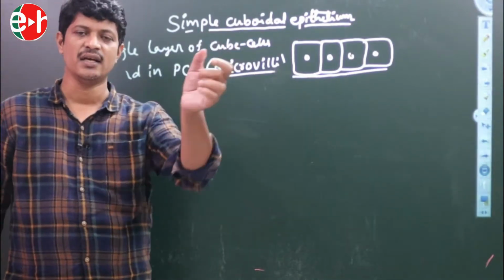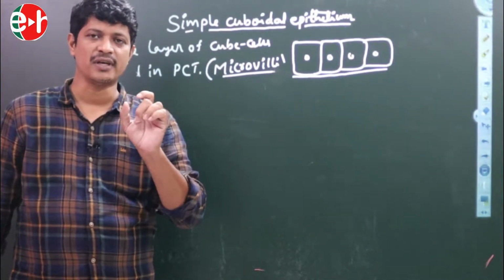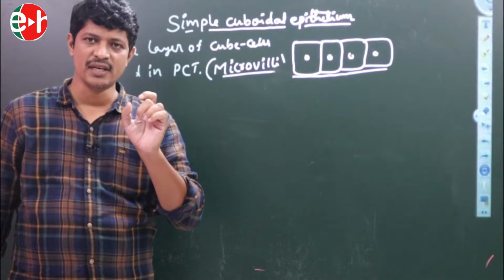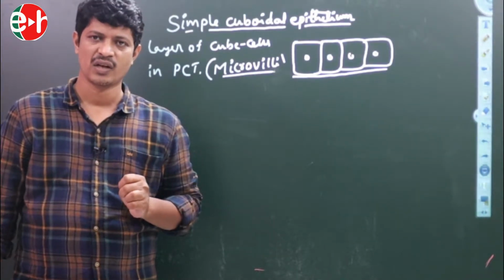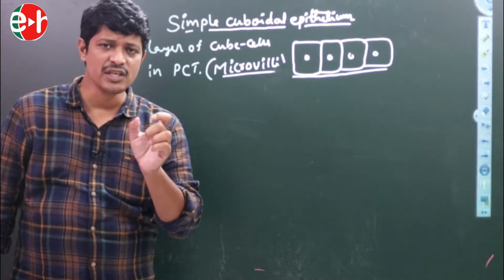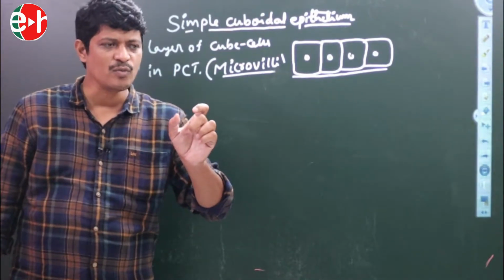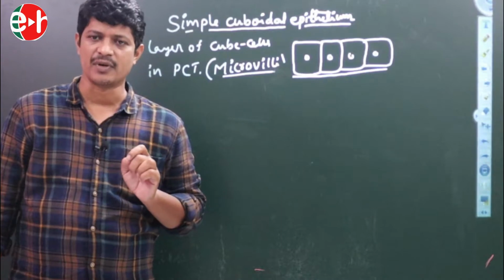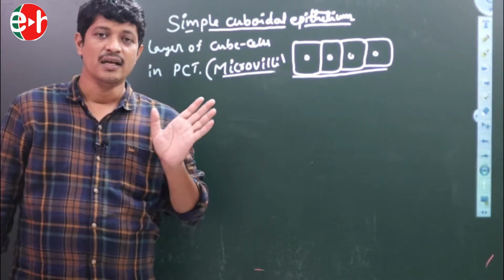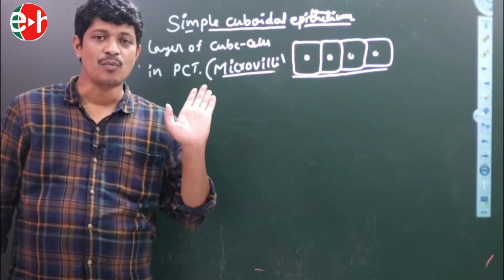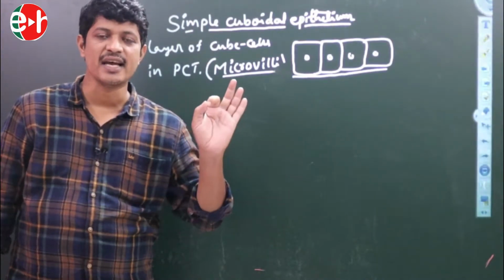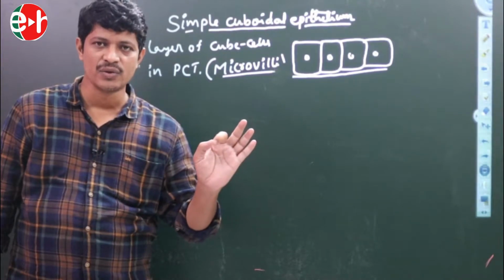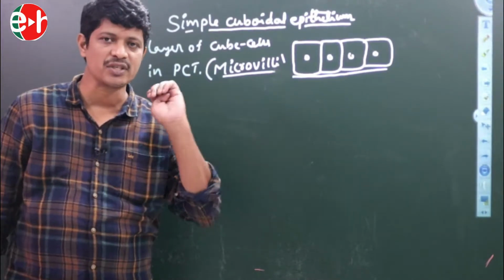These two are other parts associated with the epithelial tissue. The stereocilia are non-motile, whereas the microvilli help to increase the surface area of the proximal convoluted tubule for more absorption.